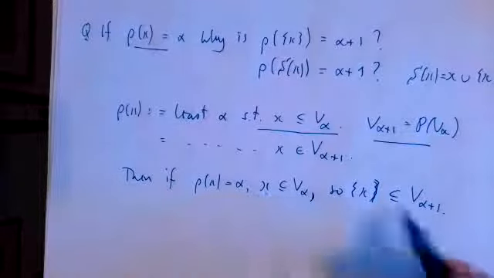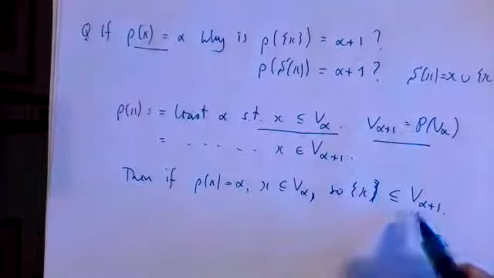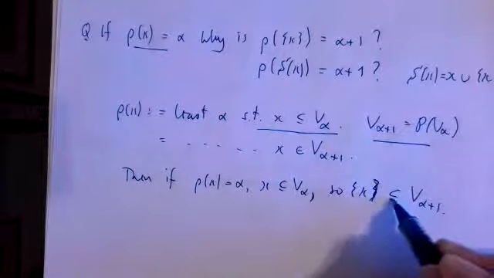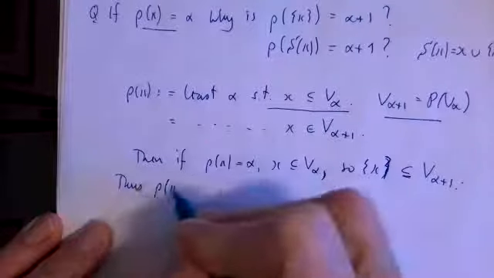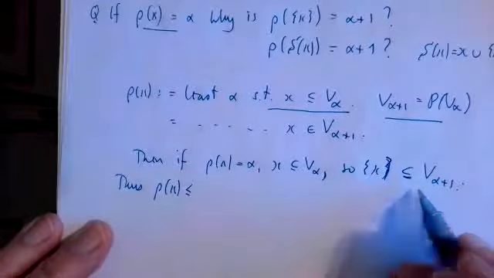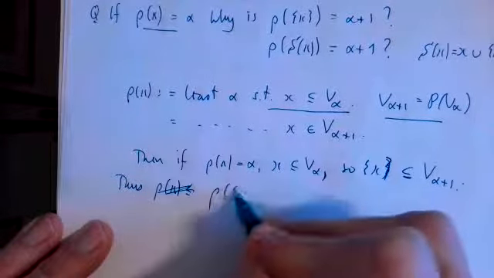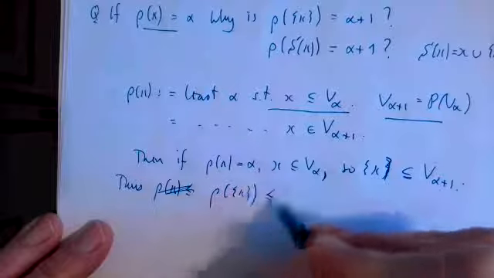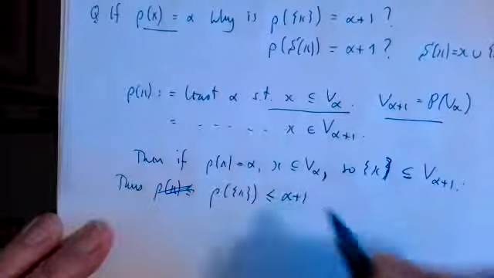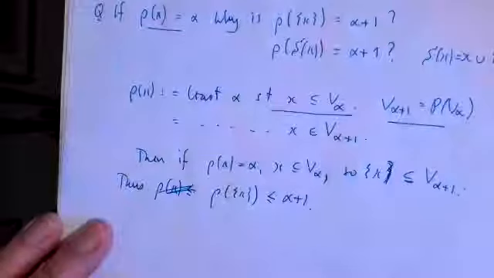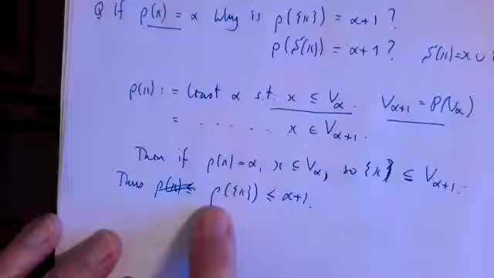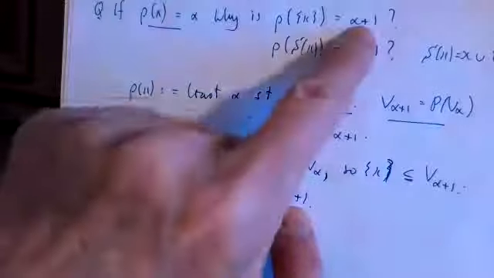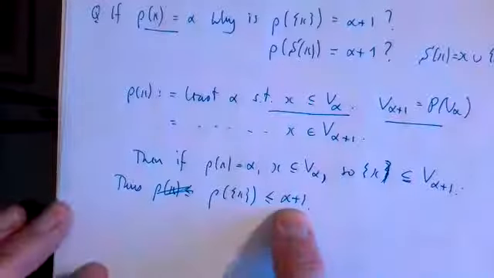So X is a member here of V alpha plus 1. So this singleton X is a subset of V alpha plus 1. So the rank of singleton X is less than or equal to alpha plus 1. Okay, so that's one part of the equality here.